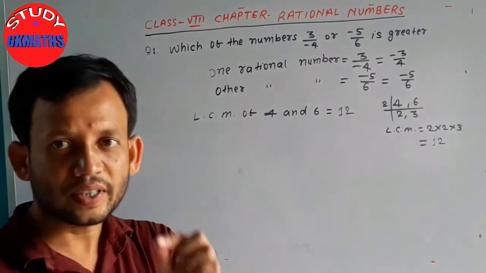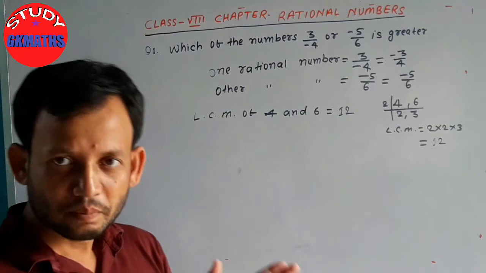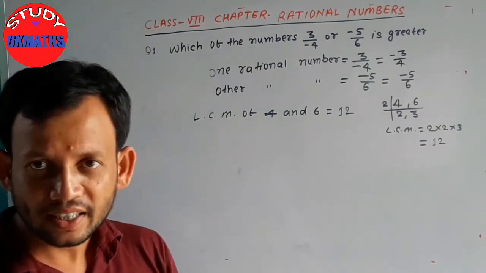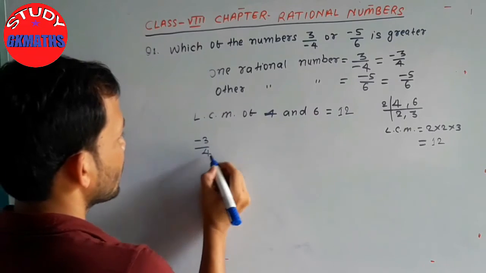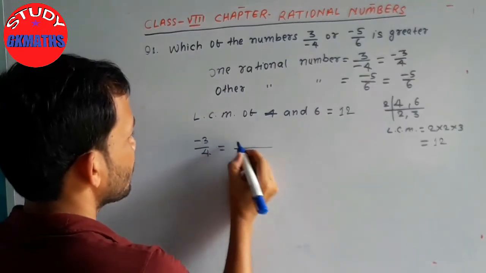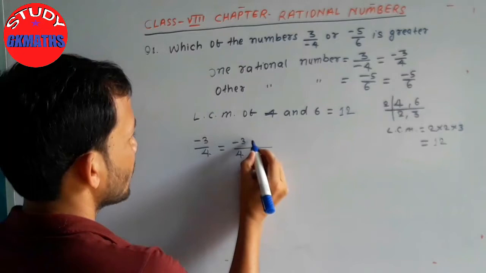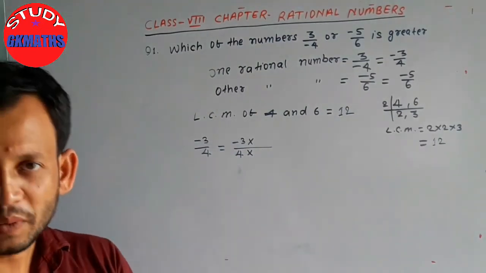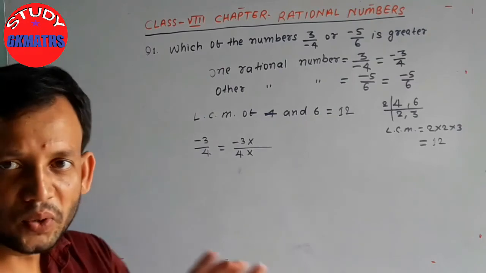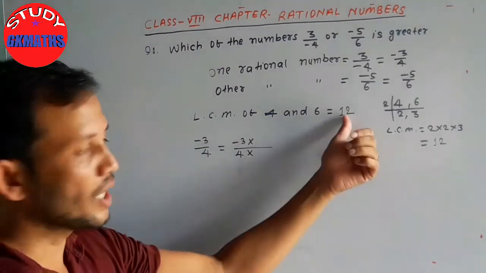Now take one rational number and make the denominator the same as the LCM. Take minus 3 upon 4, multiplied by what number so that your denominator is 12?